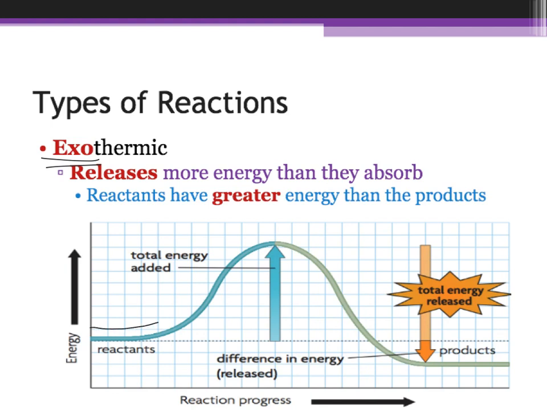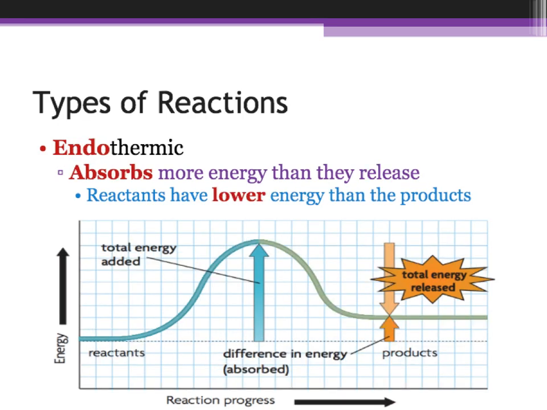So for the reactants, here is our activation energy, how much needs to be put in. Then we have our products, and you can see our products end up below this original reactant line. So this is total energy released. It releases more energy than it absorbs. That's going to be a little different than the endothermic.